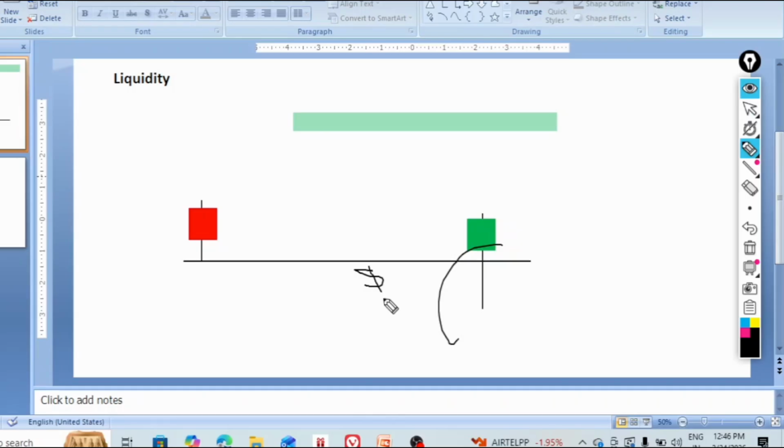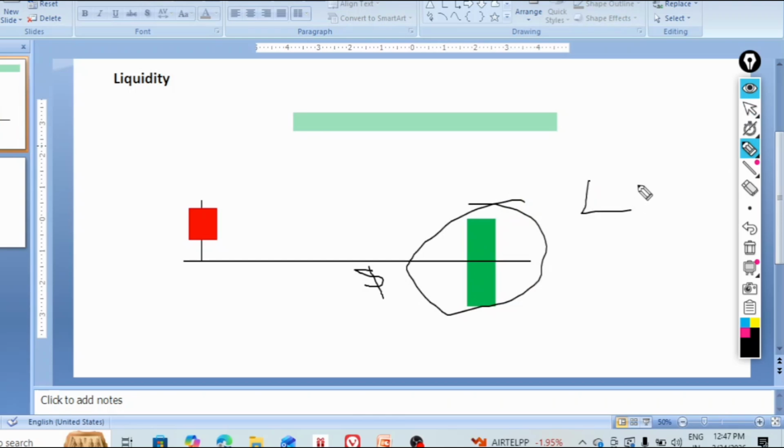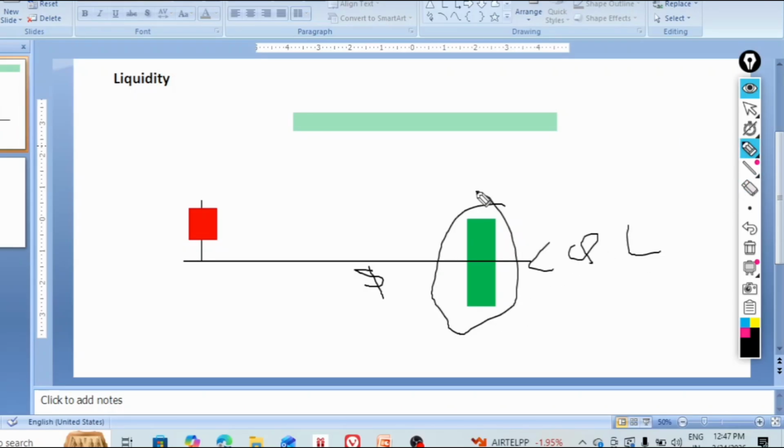Liquidity is here, so the wick has swept the liquidity, and we consider this a liquidity sweep. However, if you are trading on 1 minute, even if the body breaks out of this liquidity level, we can also consider this a liquidity sweep. Only in 1 minute, and only at the liquidity level, can you consider this body breakout as a liquidity sweep.